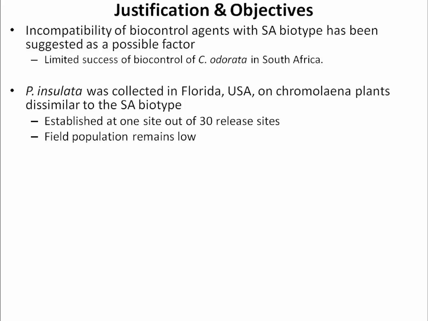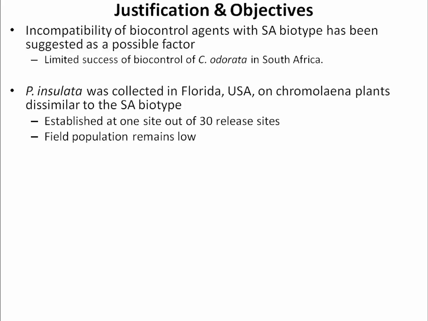The reason for this anecdotal report may be the fact that the agent Pareuchaetes insulata was collected in Florida, United States of America, on a disparate Chromolaena plant.